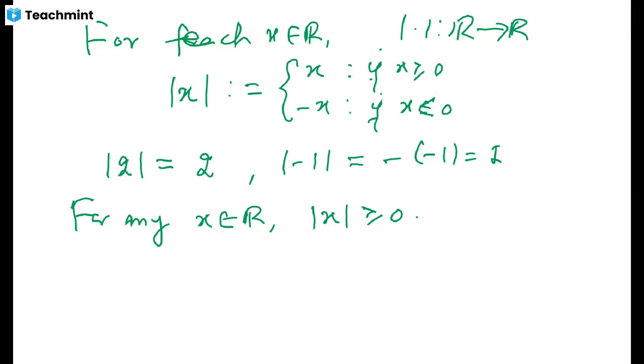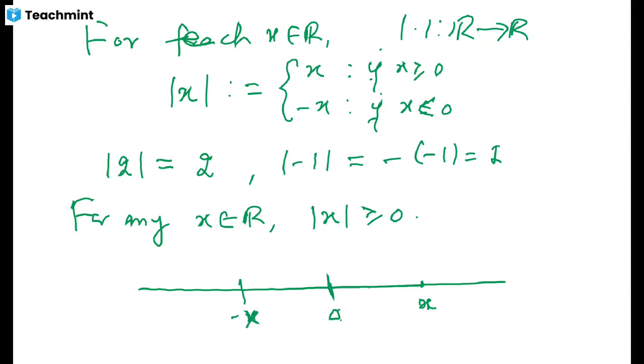Now, what is this thing? Let us look at it on the number line. This is 0, and let us suppose you have x here, and the distance from 0 to x is x. But when you have a negative number, minus x, what is the distance from 0? It's not minus x, because minus x is a negative number. Let me take 2 instead.